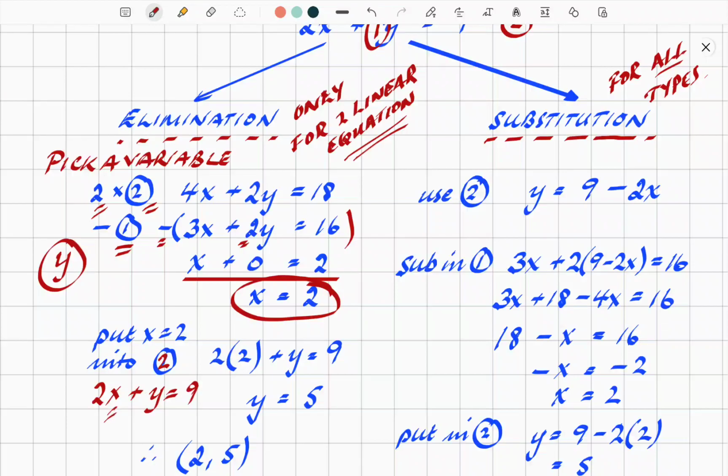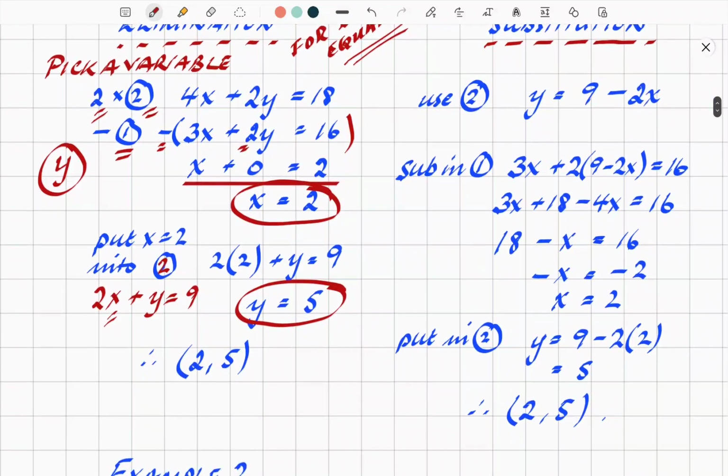So all I'm doing is replacing the value of x. 2x plus y, so 2 times 2 plus y equals 9. And fairly obvious, y equals 5. So the way we present the solution is as a set of coordinates, 2, 5.